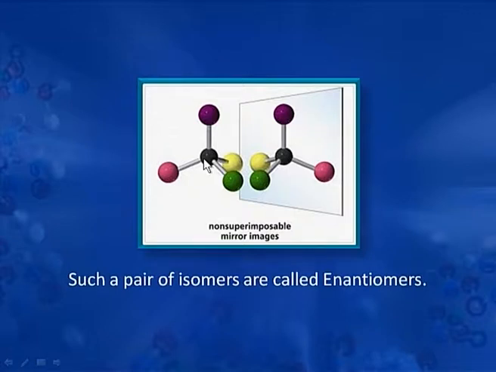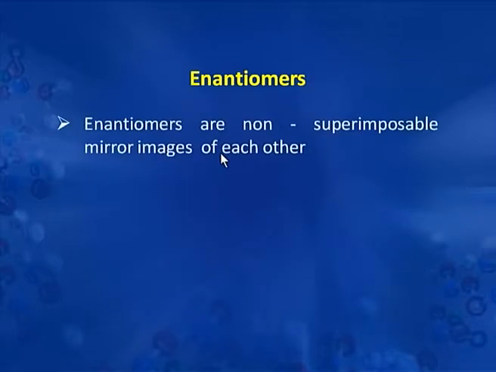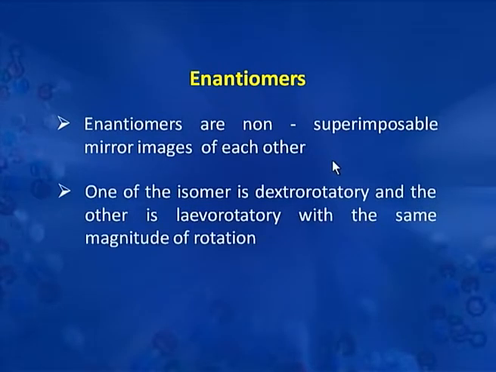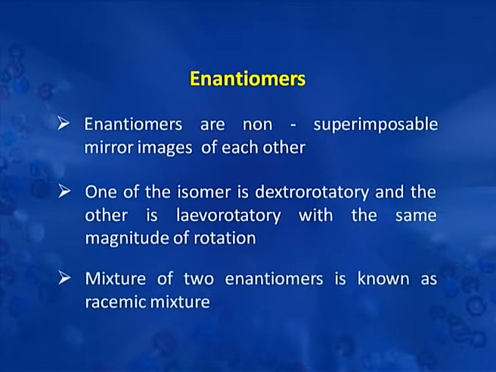We had discussed that such compounds are called chiral compounds, and such a pair of isomers are called enantiomers. Enantiomers are non-superimposable mirror images of each other. Out of these two isomers, one is dextrorotatory and the other is levorotatory with the same magnitude of rotation, and a mixture of these enantiomers is known as a racemic mixture.